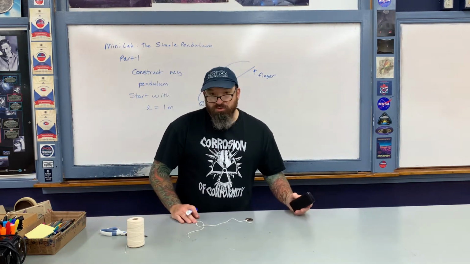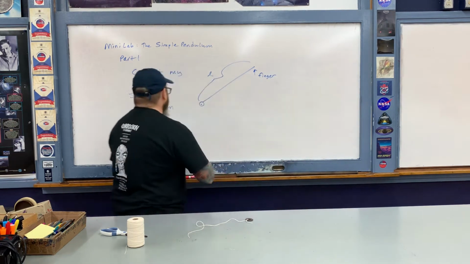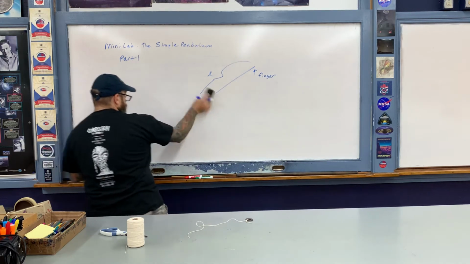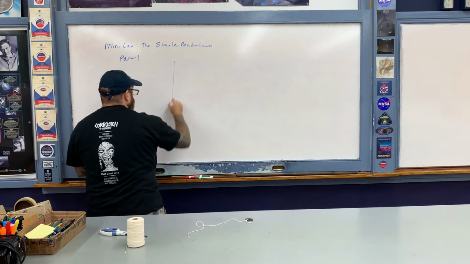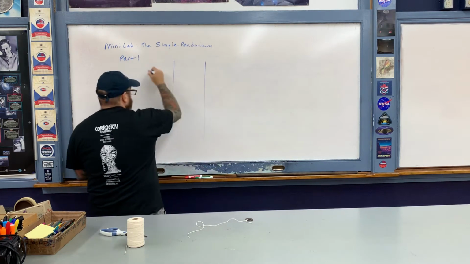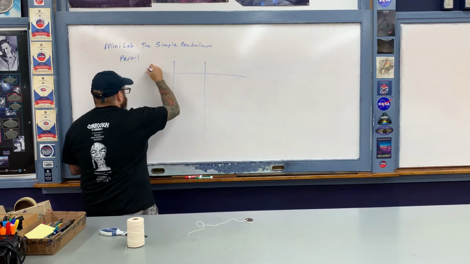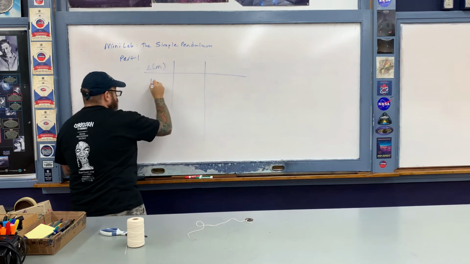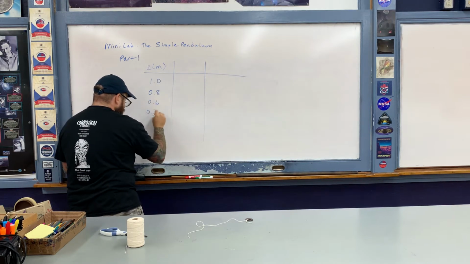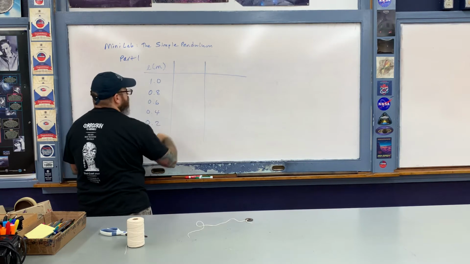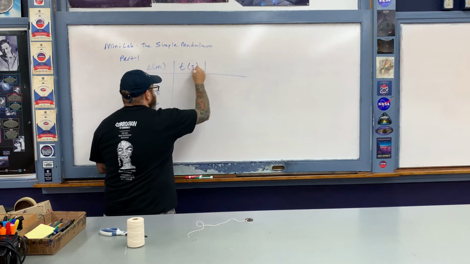Okay, once you do, then start to fill out the following data table. This is the data table from part 1. Okay, it's going to have 3 columns. We're going to have the length L in terms of meters, and then 1.0 meter, 0.8, 0.6, 0.4, and 0.2. And then we have here the time, we're going to call it small t.